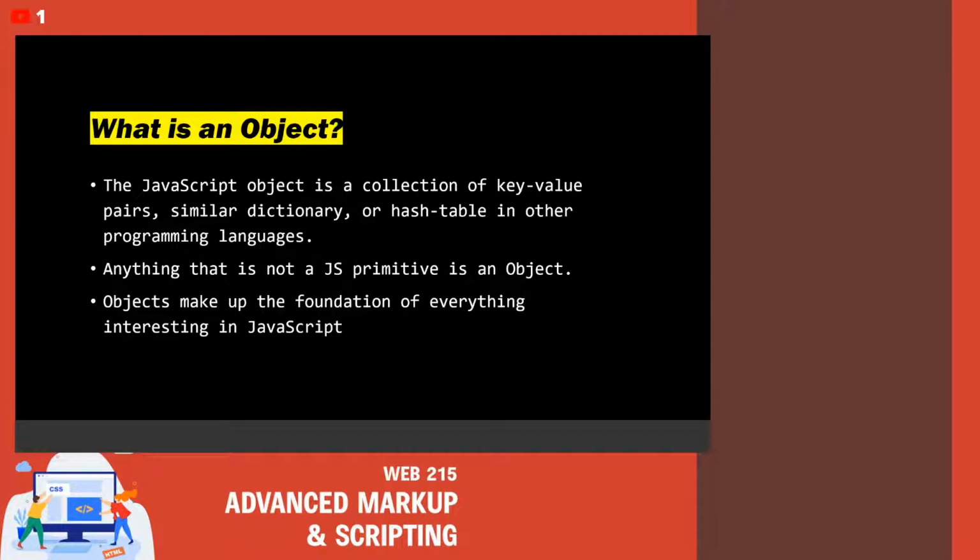Right, so when it comes to objects, objects make up everything, basically, in our JavaScript programming language, except for the primitives. So really, it's the foundation of everything.